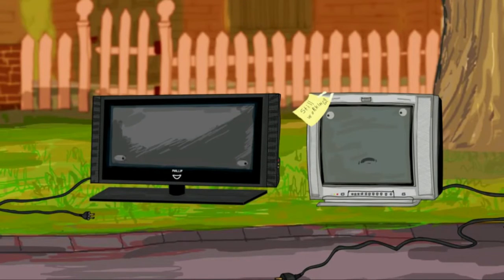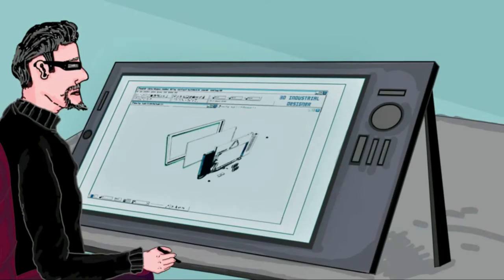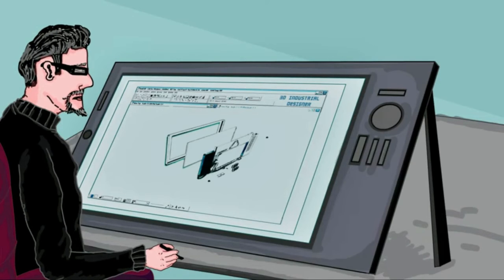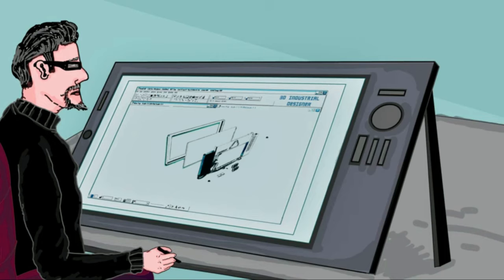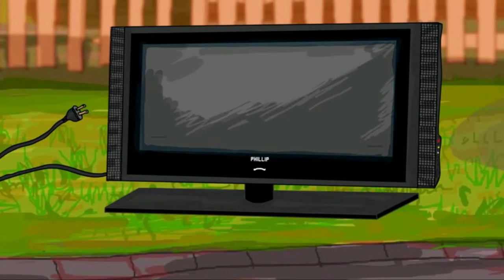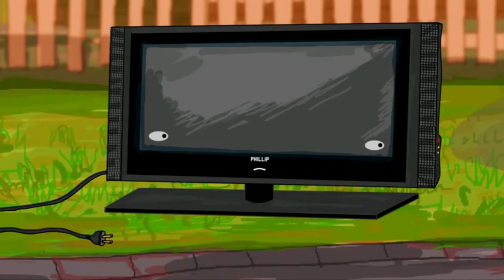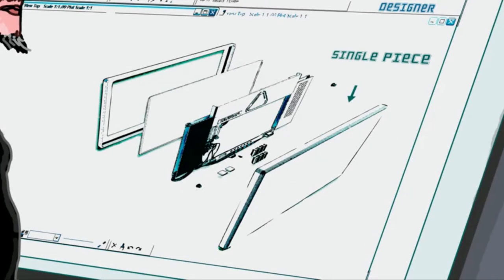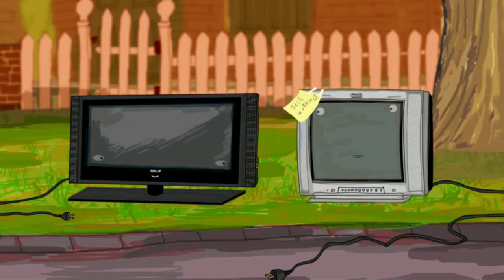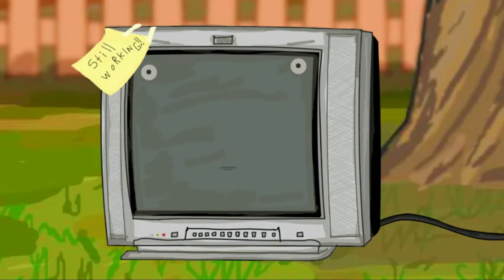And now this happened. I was made this way. I know I was designed cheaply and to break. This part in here is a single molded shell, so nobody can get inside and fix me. If only my designers had made better choices, I would have been repaired or even loved longer. Now I'm such a waste. It's just not right.